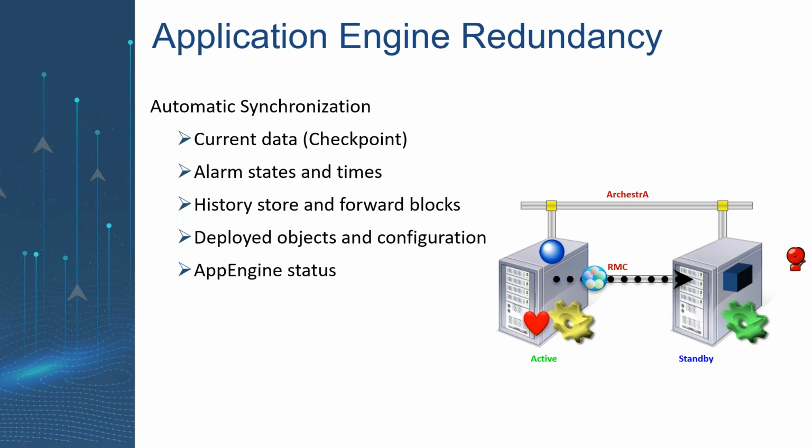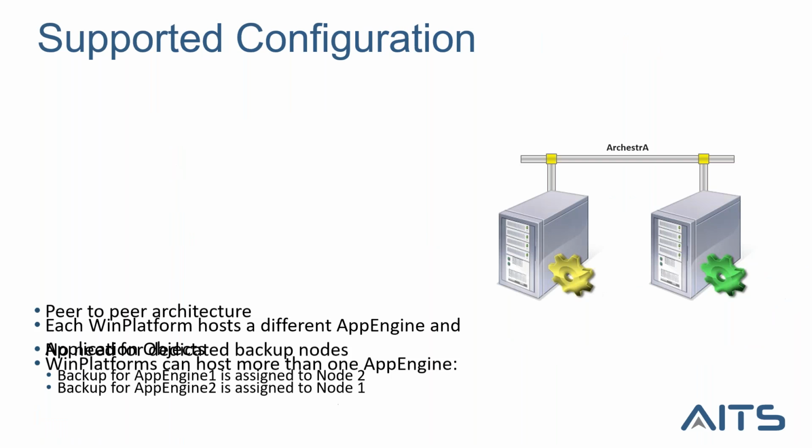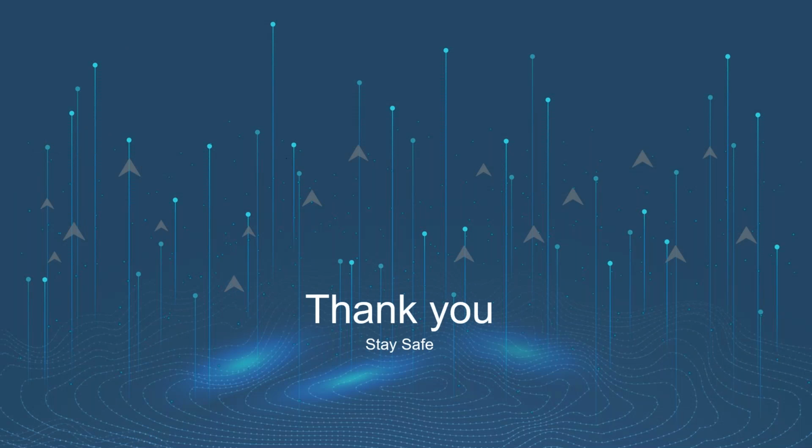Okay. Another question from Boogie. Please explain how a disaster recovery scenario is configured. Okay, disaster recovery is not part of the application engine redundancy. First, what is disaster recovery? Let's say I have one site with a control room.